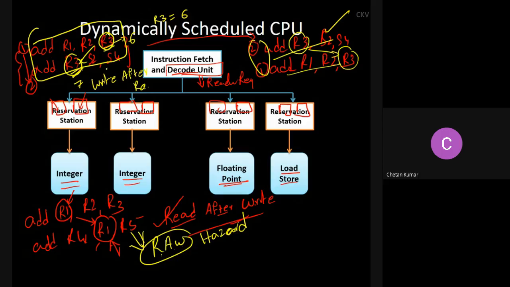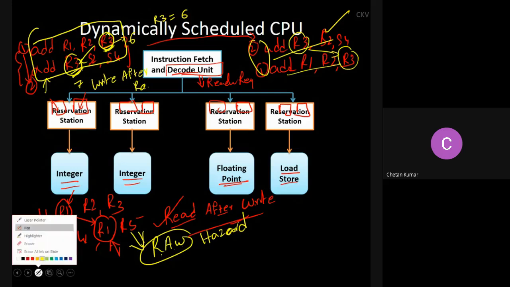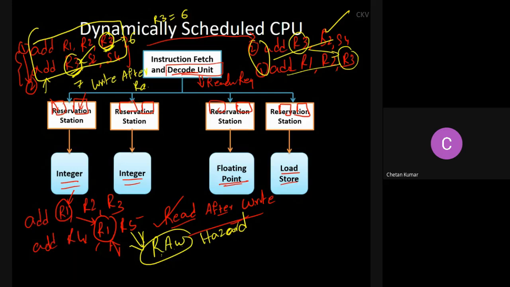In that case, every time you can't wait for this instruction to be executed. That is where the reservation stations help you. What happens in the reservation stations is, they'll first read this R3 value and put it here in the reservation station. So R3 is equal to 6. Now the register unit is free, since it has already sent the value of R3 and it has been kept in a register.